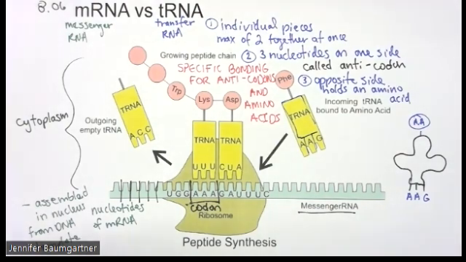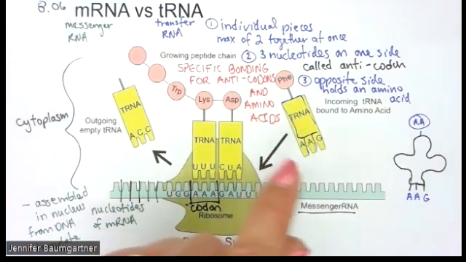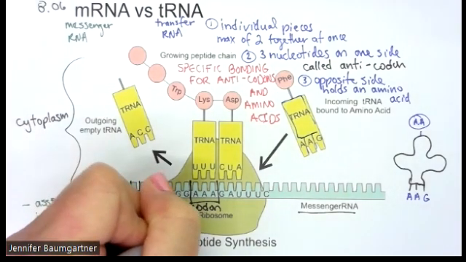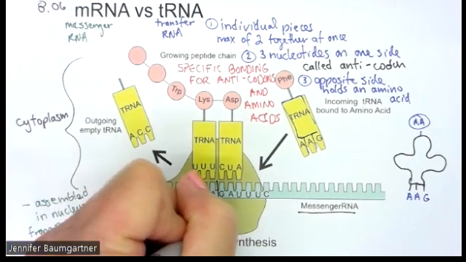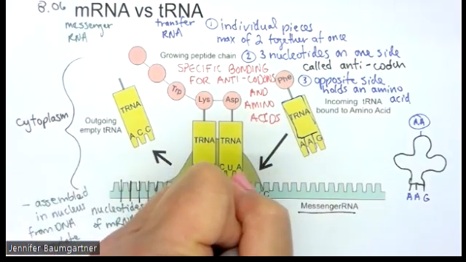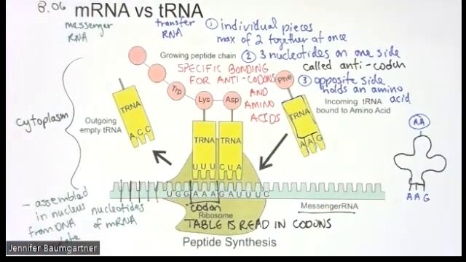So this is how that table is manufactured. We know that AAG will always be phenylalanine. These are the anticodons. The table is read as codons. So let me just add that too. Table is read in codons, and that's in all caps. That's why I went over it in the last video when we did transcription.